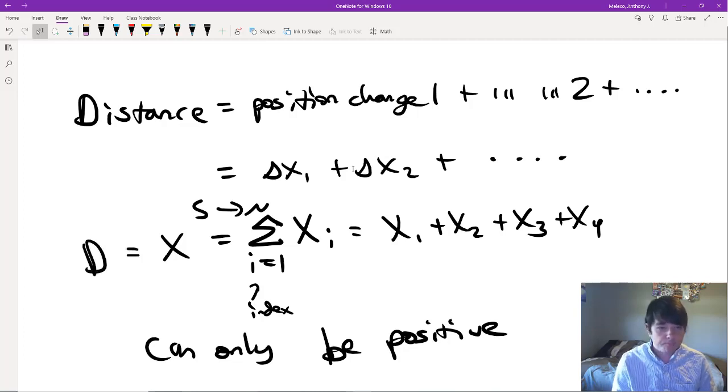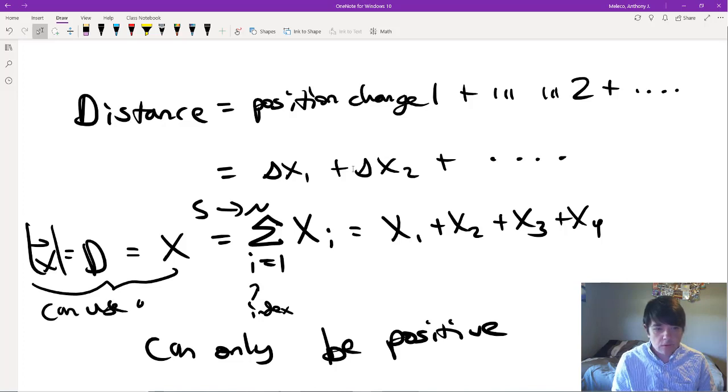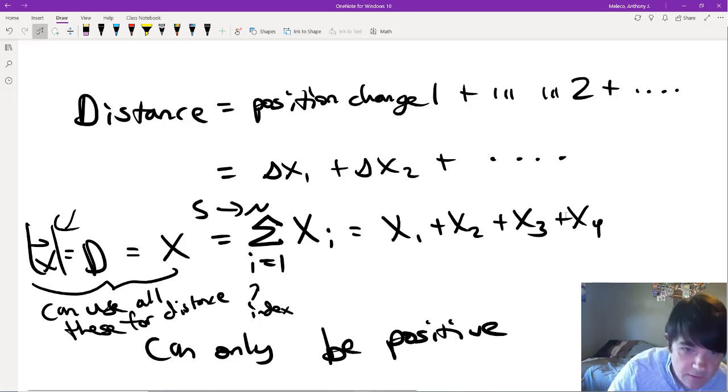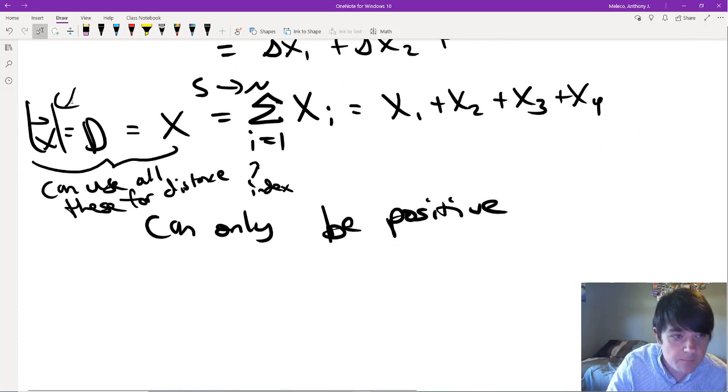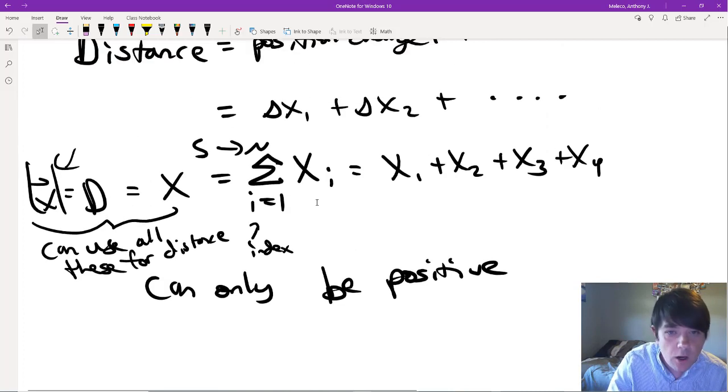Or, because it can only be positive, these. So you can use all these. So the absolute value bars kind of make that okay, because that represents only a positive value. And yeah, this is just a summing.